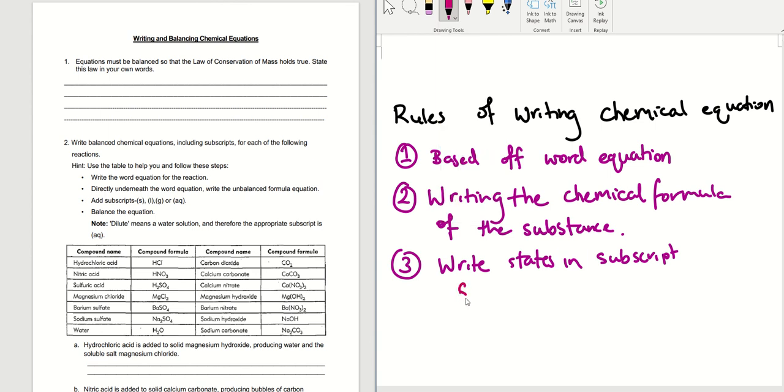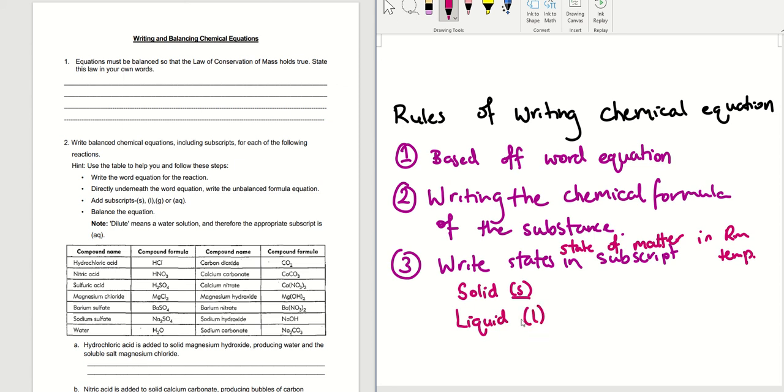So firstly we have solids, and this is if it's solid at room temperature, right? State of matter in room temperature. We have our solid, we have our liquid.